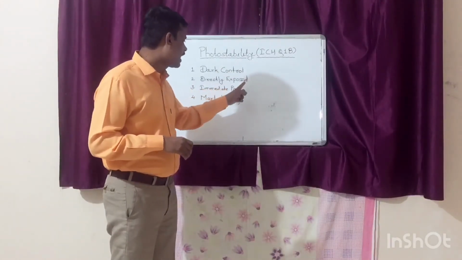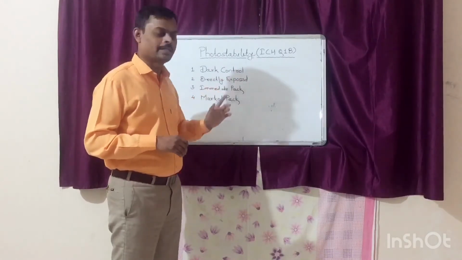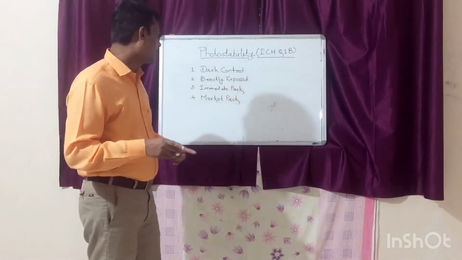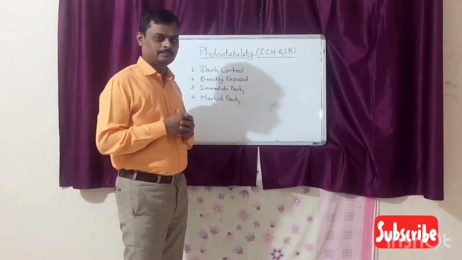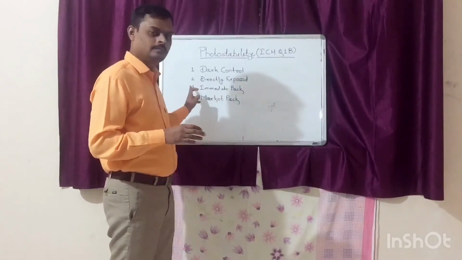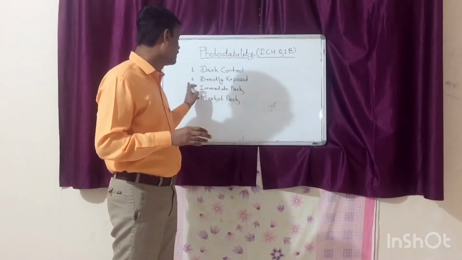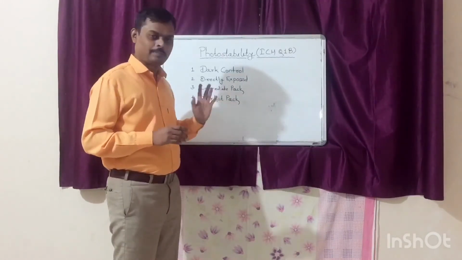If the results of directly exposed samples are not meeting the specification limit, in that case you have to analyze the samples in immediate pack. If the results of immediate pack are within specification limit, then no need to analyze the sample in market pack.